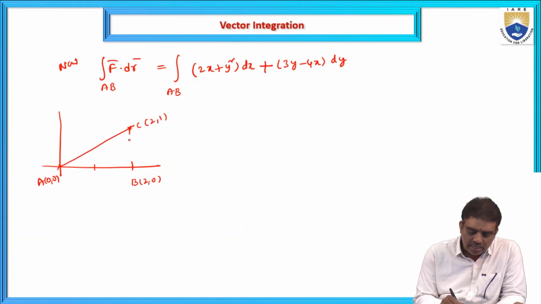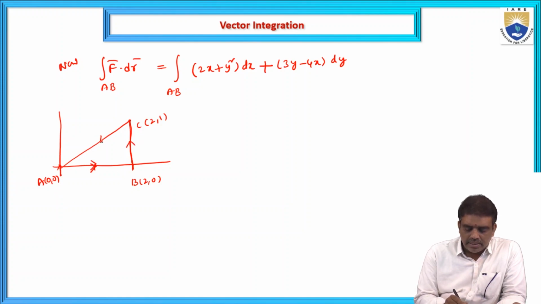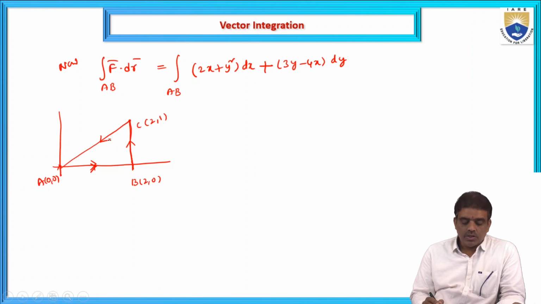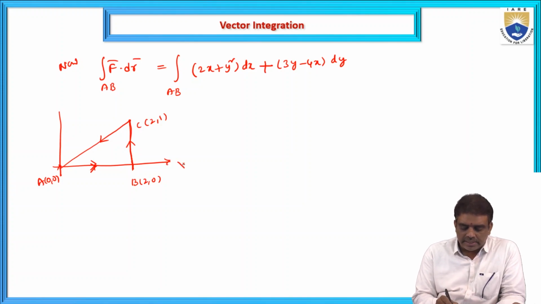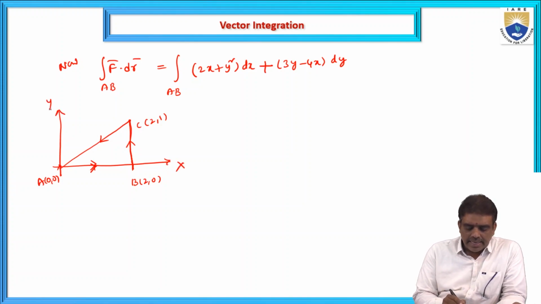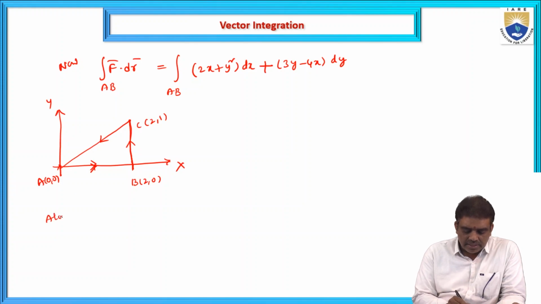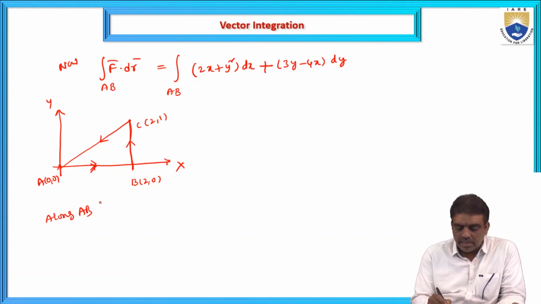This is formed as a triangle, along AB, along BC, along CA. So what is along AB? This is the x-axis, this is the y-axis.